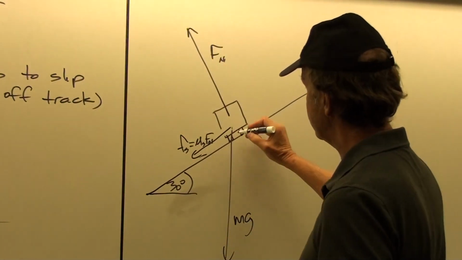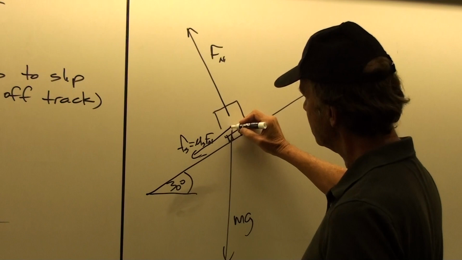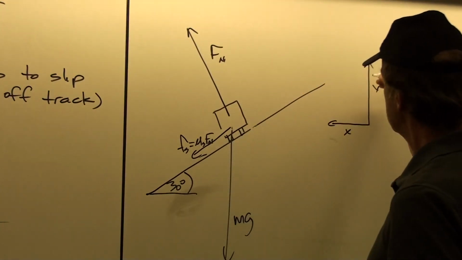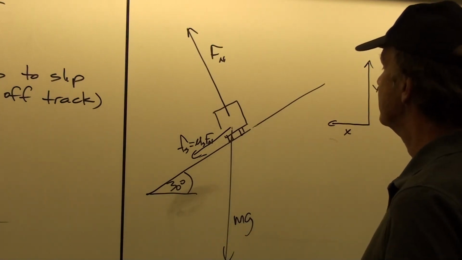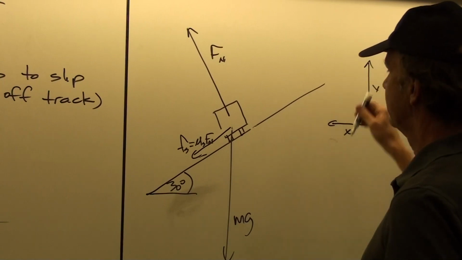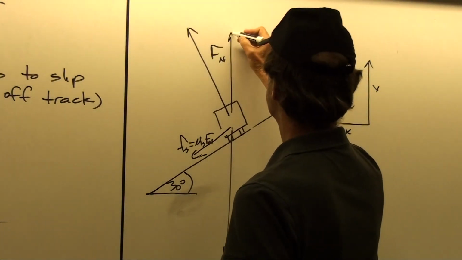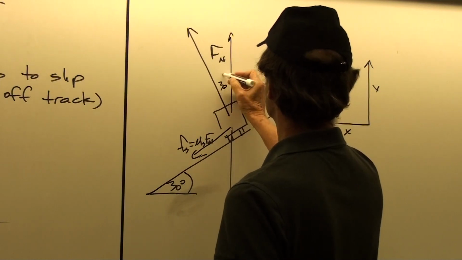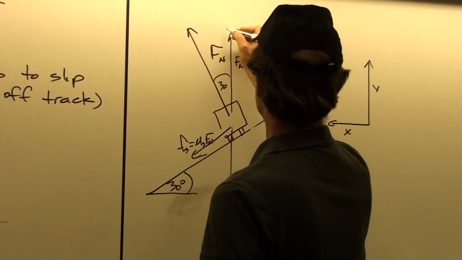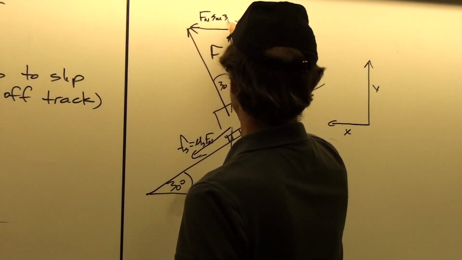Okay, so what we did before was we said, well, mg, we don't have to break that up into horizontal and vertical along the incline, because we're choosing the coordinate system to be just horizontal and vertical. Okay, so that means that the normal force, again, has to be broken up into components. This is 30 degrees. That's F normal cosine 30. This is F normal sine 30.